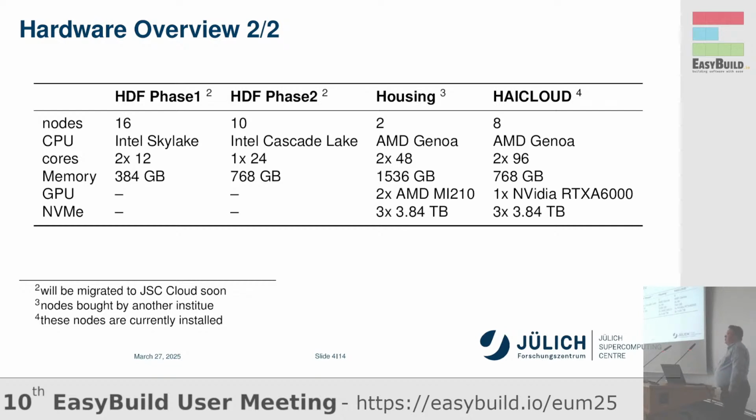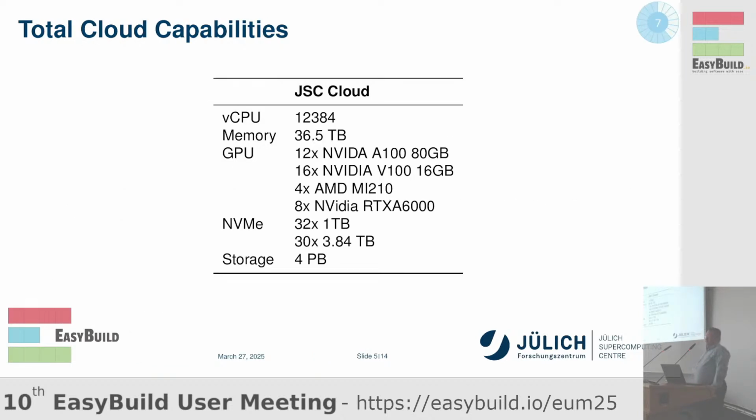They are more for inference, so they have RTX A6000 GPUs. So in total, we have about 12,000 CPUs, 36 terabytes of memory, and a few different generations of GPUs.